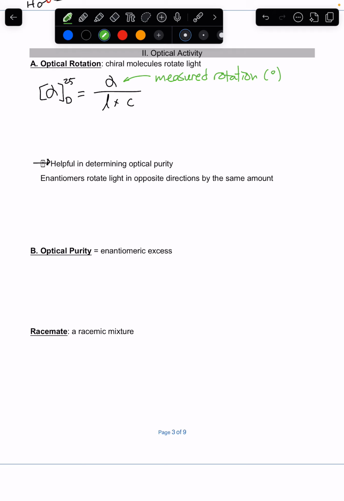We typically put these samples in a device called a cell. We put the solution that we're measuring in a cell, and then we put that in an optical rotation measuring device.